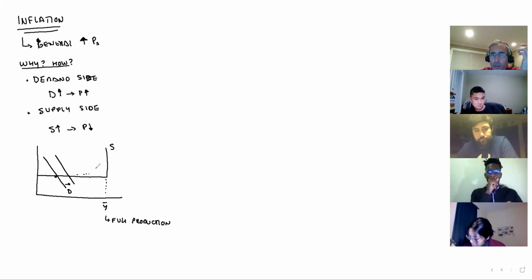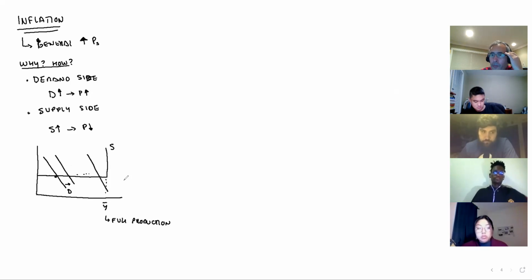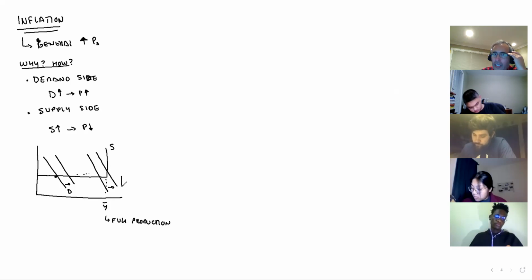You continue producing more. However, what happens at this level here, guys? Here we are almost at full capacity. Do you agree? So the meaning of full capacity is that if demand continues going up, in that case, price is going to go up. Got it? So normally economists say that the economy is hot.